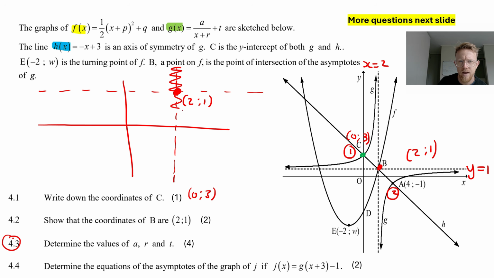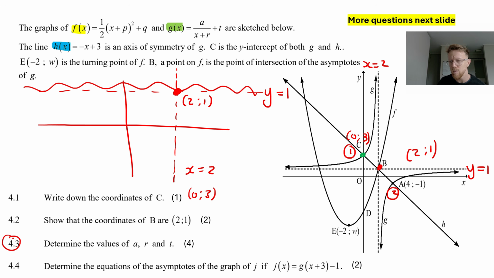So everywhere on this line, the x value is always going to be a 2. And now if I look at the y value of 1, if I go to the left or if I go to the right, the y value is going to stay a 1 because we're not going up and down, we're only going left and right. So everywhere on this line, the y value is a 1.